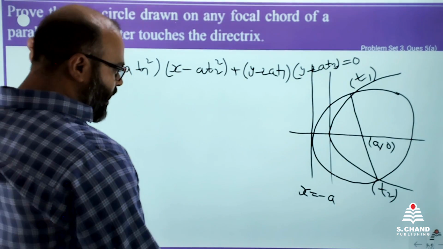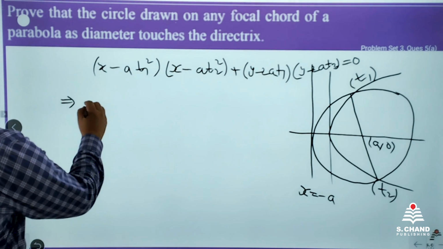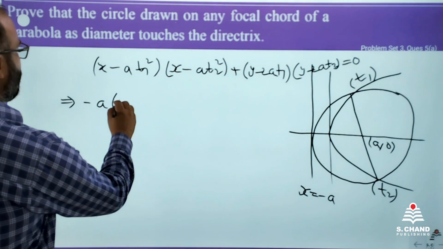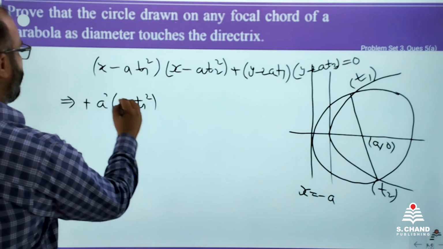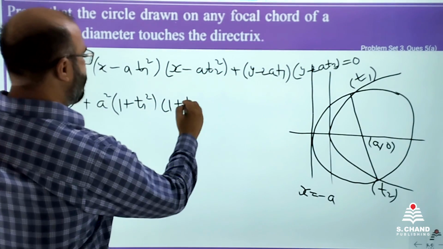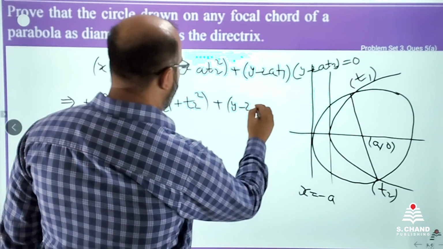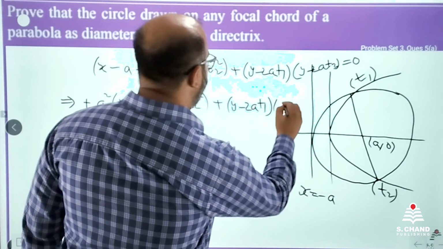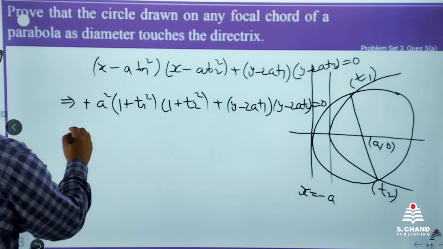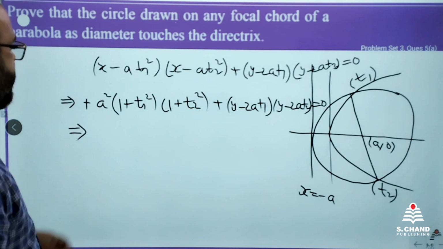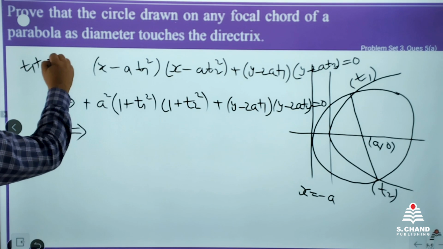Now x equal to minus a, I am replacing here. So if x is equal to minus a, this will become minus a(1 plus t1 square), and this will be minus a, so this will be a square (1 plus t2 square), plus (y minus 2a t1)(y minus 2a t2) equal to 0. Now we have t1 t2 equal to minus 1, as it is a focal chord, that we know.